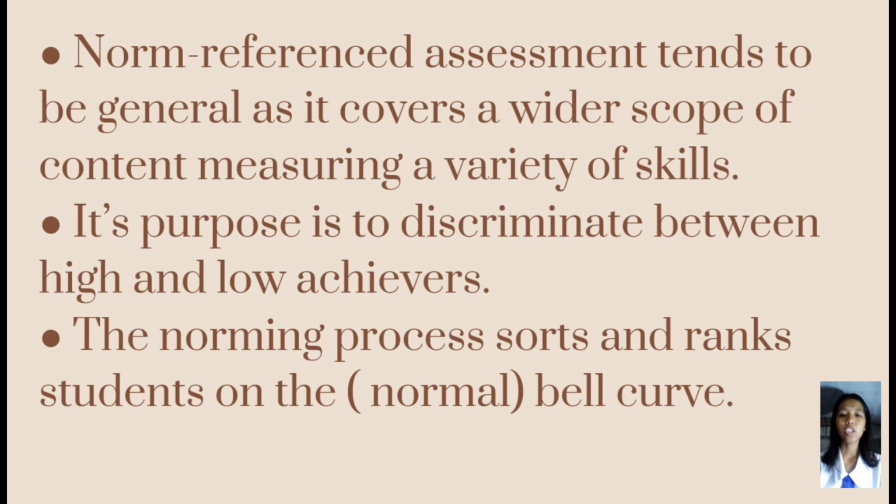This implies that scores are dispersed and score standings become more telling. Besides, the purpose of norm reference measures is to discriminate between high and low achievers because si norm is nag-compare man muna. So, the norming process sorts and ranks students on the normal bell curve.